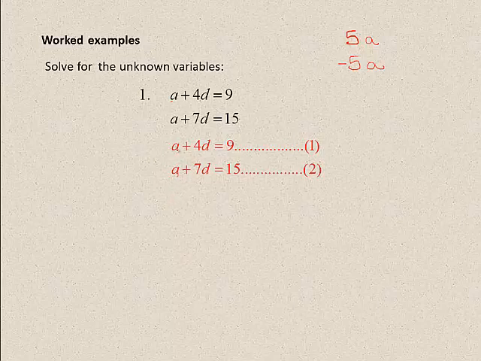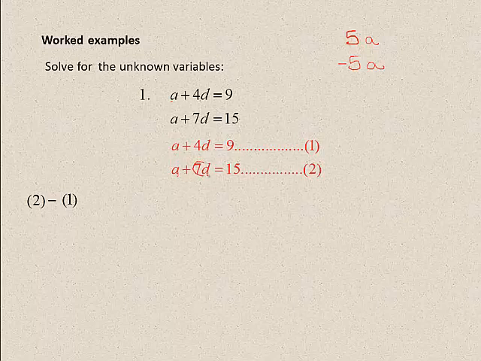And how do I eliminate the variable a? I simply take equation number 2, I subtract equation number 1. Now watch the subtraction, guys. Equation number 2, subtract equation number 1. Here I am left with a minus a, which is basically 0.